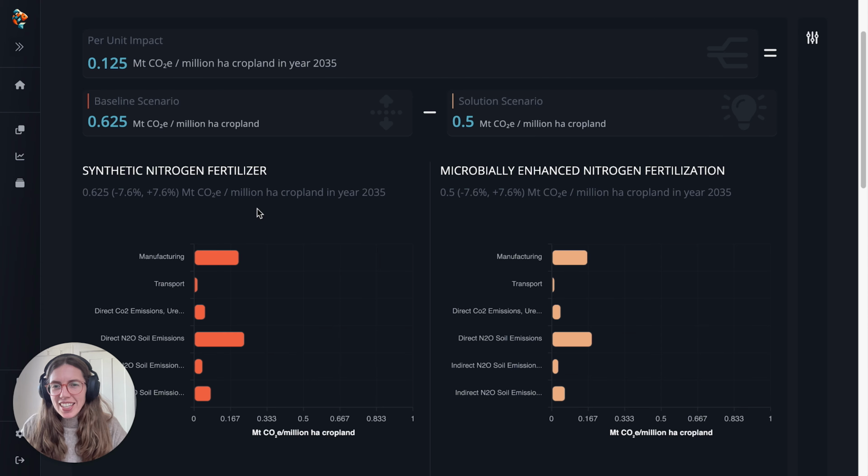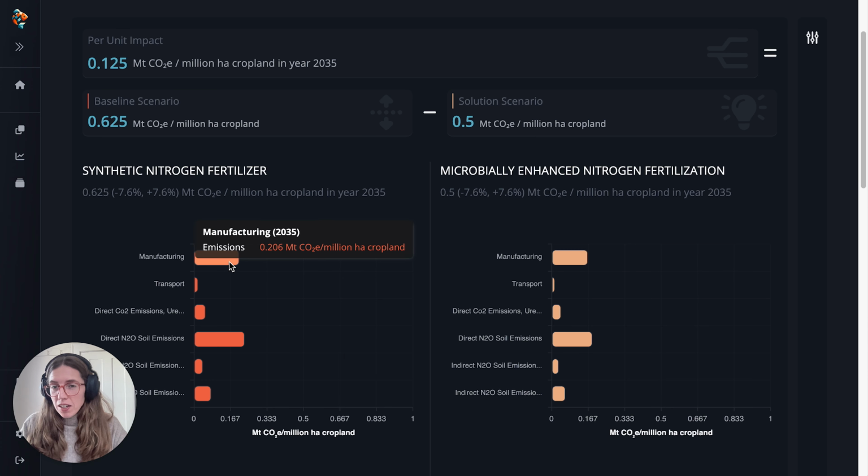That's one interesting tidbit about this fertilizer model, that there are substantial emissions just from manufacturing synthetic nitrogen fertilizers. If I hover over this, I can see that it's around 0.2 of the total 0.6 megatons of CO2 equivalents per million hectares of cropland. Another substantial source of emissions for the use of synthetic nitrogen fertilizers actually comes during application.